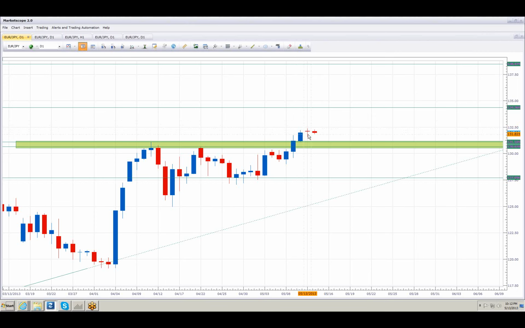Doji. Okay, what does doji mean? Indecision or consolidation. Let's start from the bottom. Lolita, what does doji mean? It means that it's indecision or consolidation.